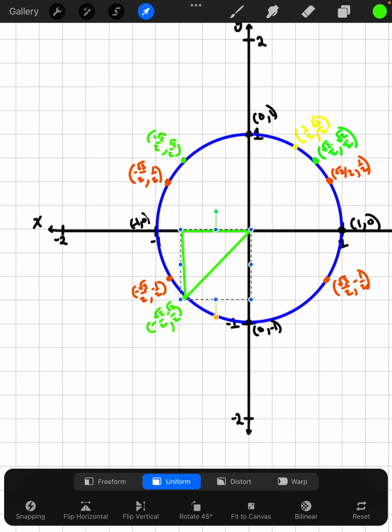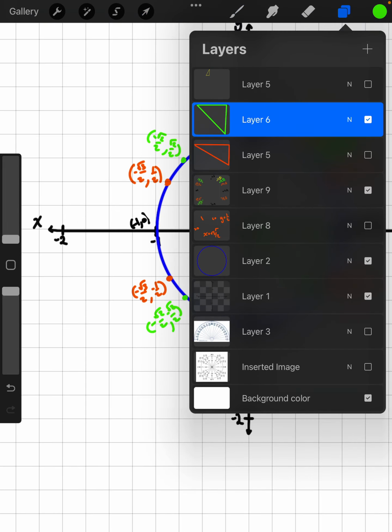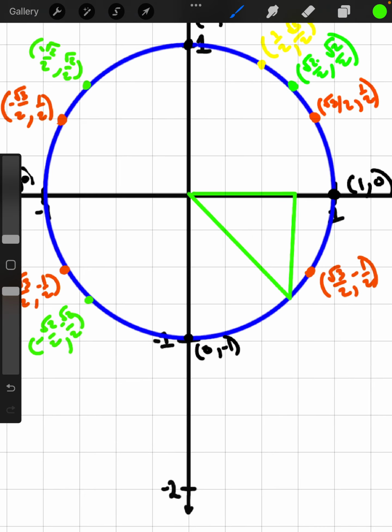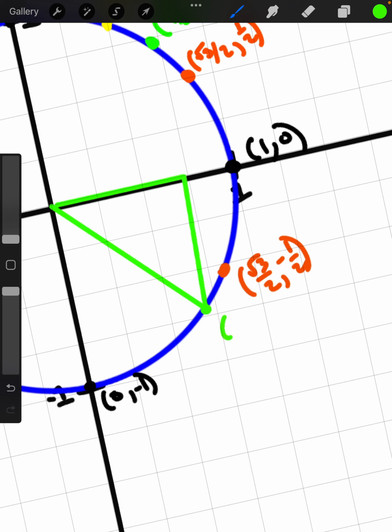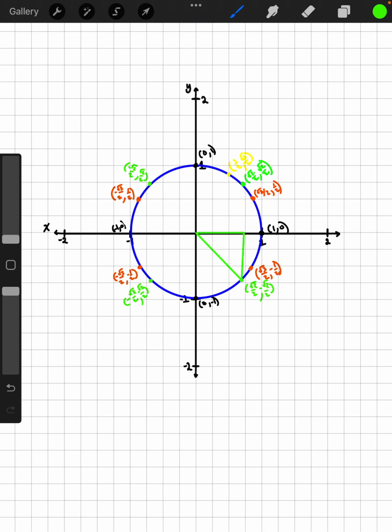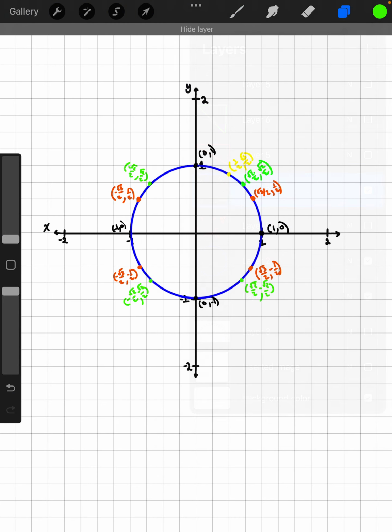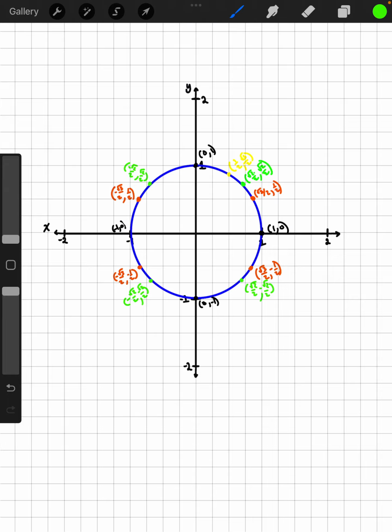Then I can go to my triangle again, reflect it one more time, translate it over, plot my point. Now that I'm in quadrant 4, I'm going to have positive for my x, negative for my y. So positive square root 2 over 2, negative square root 2 over 2. And I can get rid of that triangle.